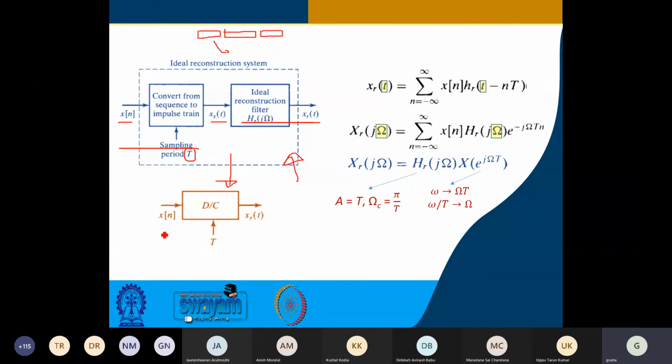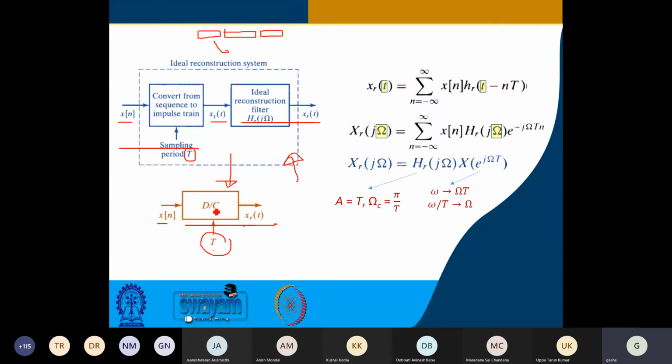So the meaning of it is that x[n] becomes xr(t), where the sequence is converted to a sampled impulse train, done with a sampling interval of capital T. Okay, and then this is followed by an ideal reconstruction filter. Okay, so this is the meaning it carries.